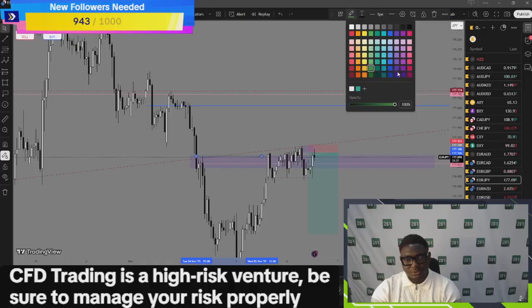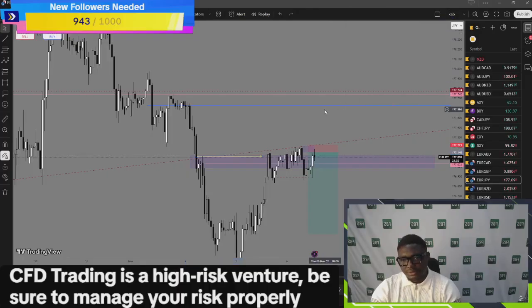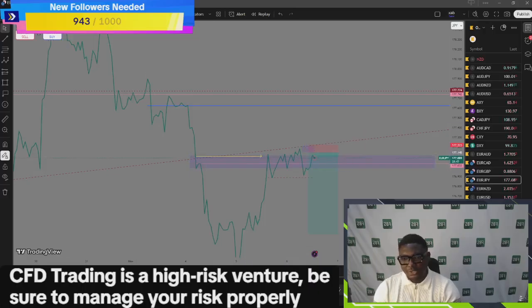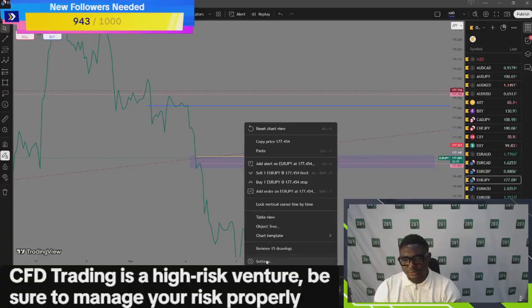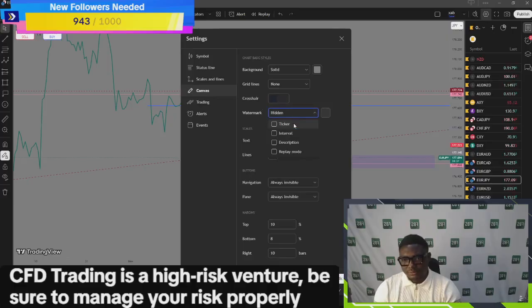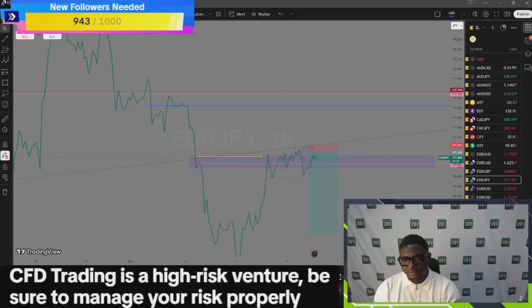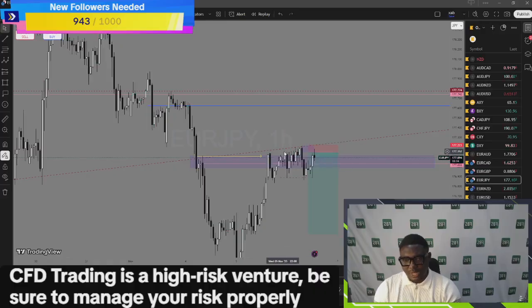This is 1 hour on Euro JPY. We get a confirmation that price has swept below the low that engineered that sweep of liquidity.